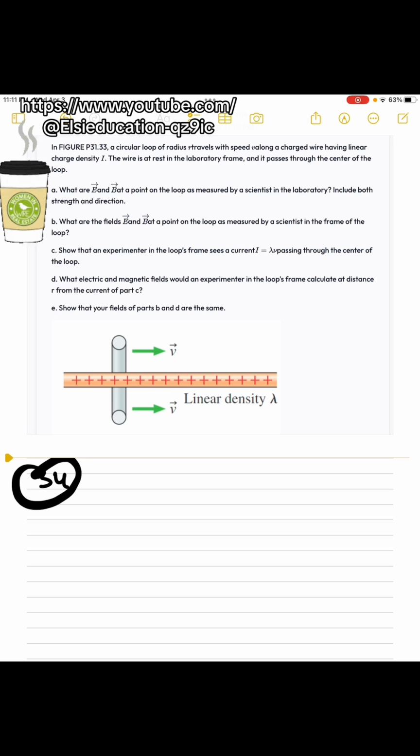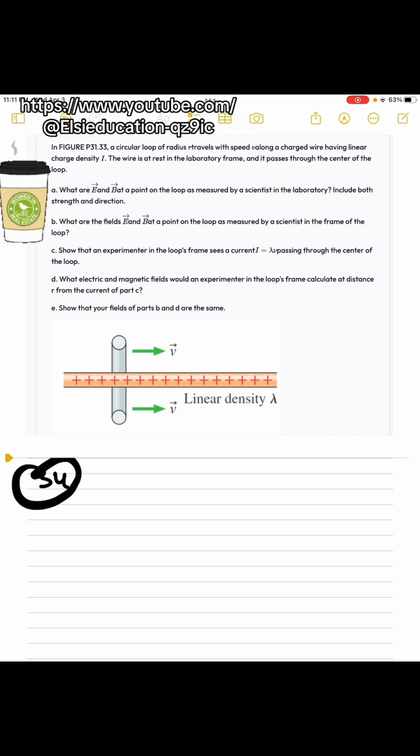So question number A, we need to find what's the electric field and the magnetic field at a point of the loop by the scientist in the lab. So by the reference frame of the scientist in the lab, and including both strength and direction.